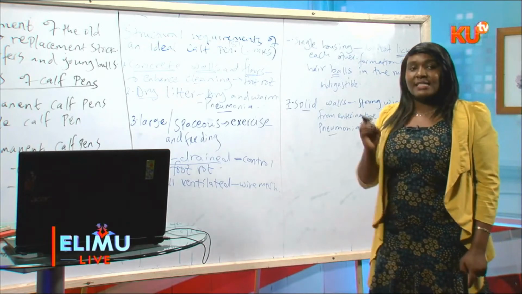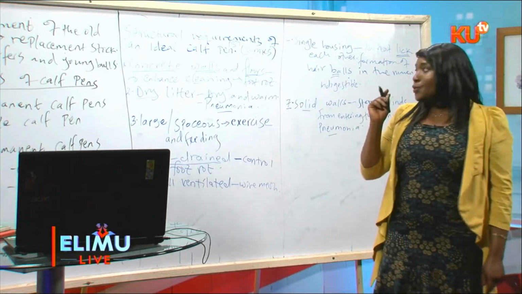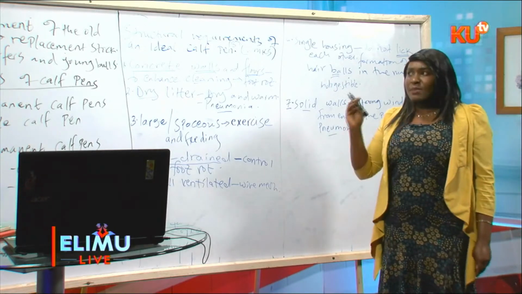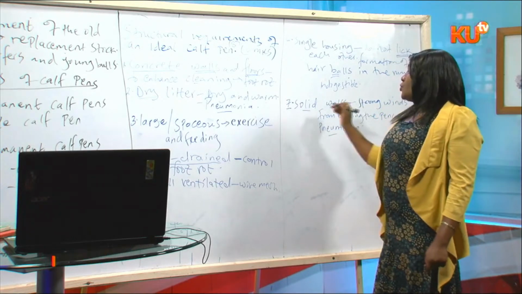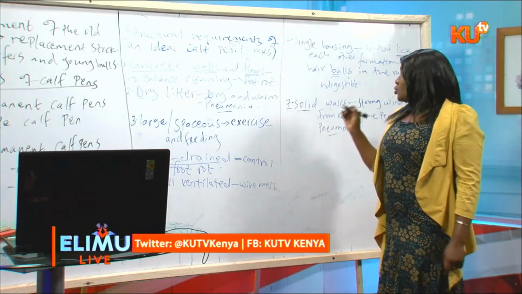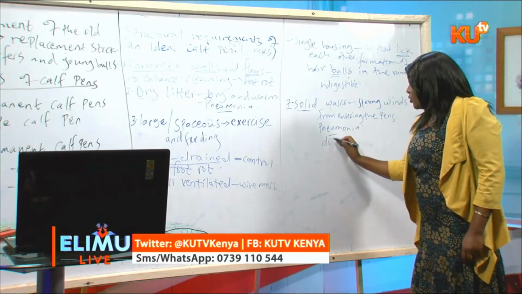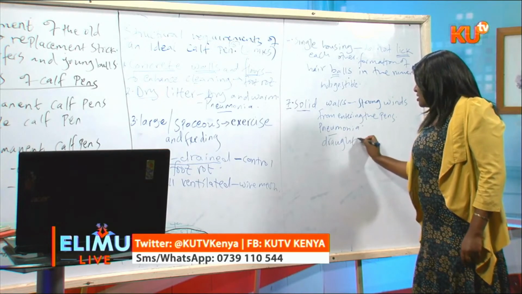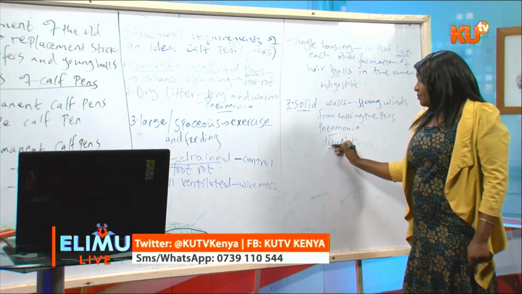But I'm not saying that our calf pen should have solid walls on all 4 sides. You should ensure that the better part, and especially the side where the very strong winds are coming from, has a solid wall to prevent draught, that phenomenon we call draught, with a D-R-A.